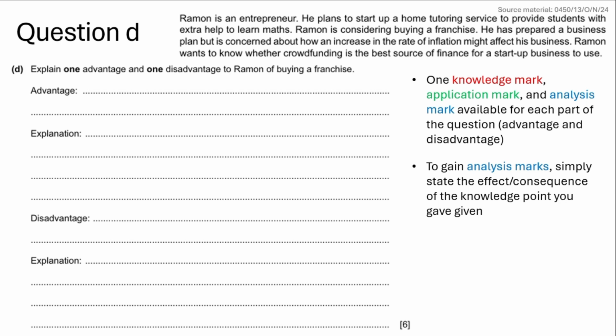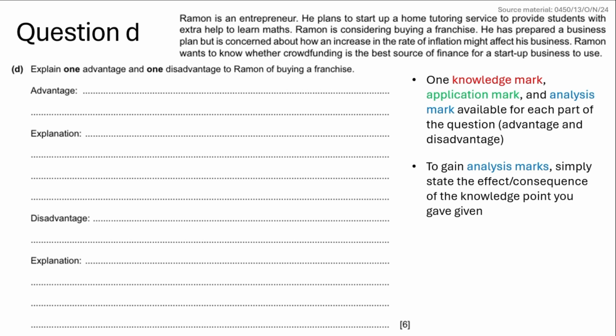To gain analysis marks, you have to give the effect or the consequence of the knowledge point that you have given. For example, if your knowledge mark was, say, a franchise, what does it mean to be a franchise? How will that help Ramon?